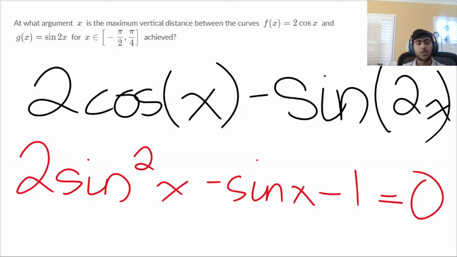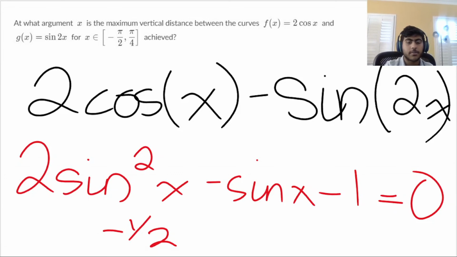And sine x equals 1 would be x equals pi over 2. Now, since we know that one of the roots is going to be 1, the other root, since the product of the roots is going to be negative 1/2 and the sum is going to be 1/2, by Vieta's formulas, we know that the other one that sine x can be is negative 1/2, right?